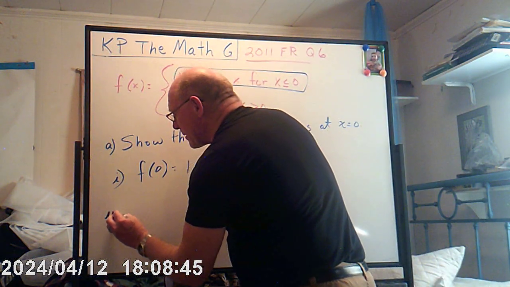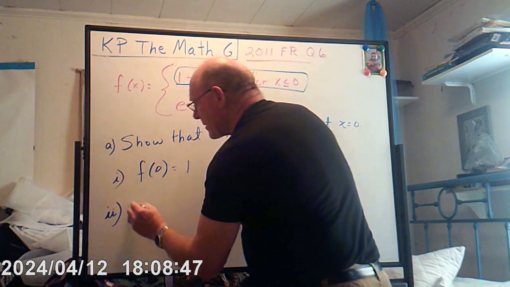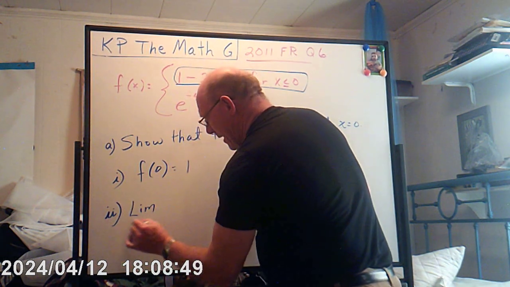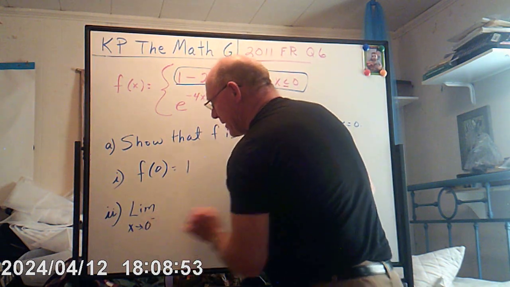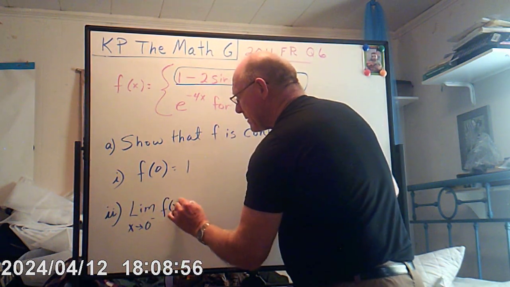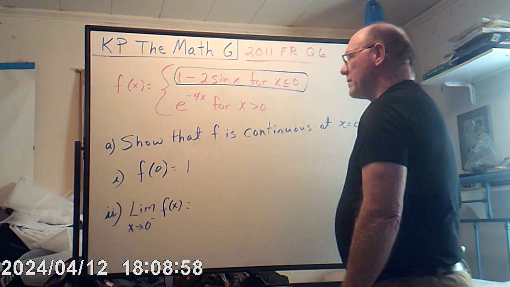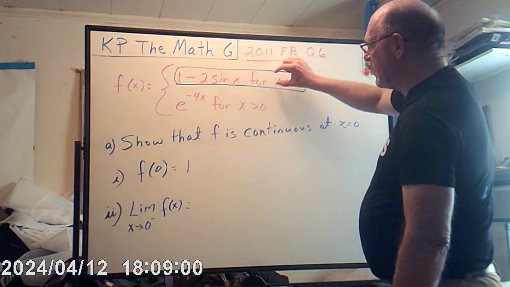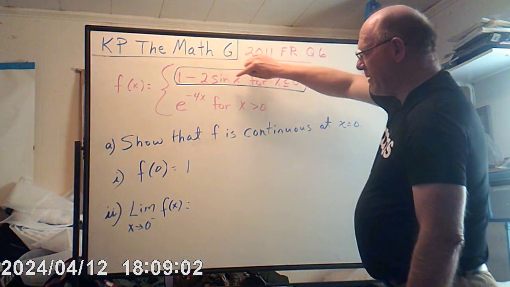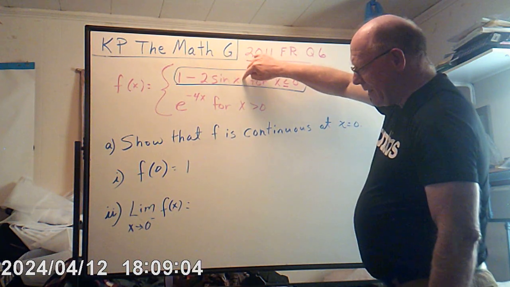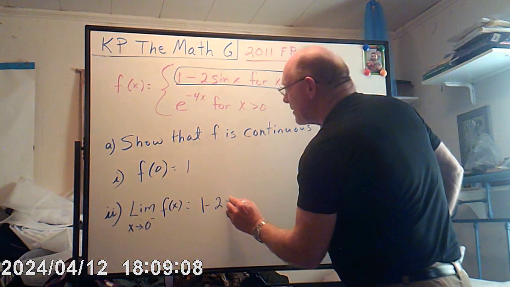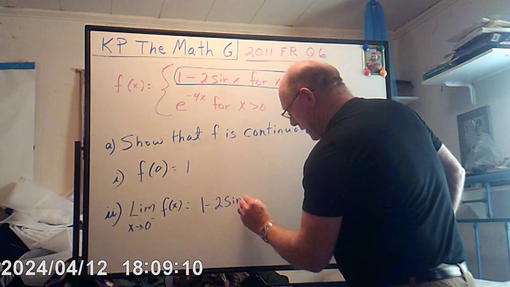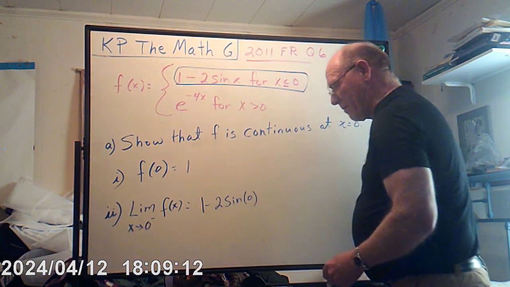The second part. Let's look at the limit as x approaches 0 from the left, of f at x. Now, from the left is the one that we're trying here. We've already seen that f at 0 is 1. So the limit is 1 minus 2 sine. Just simply plug the 0 in.